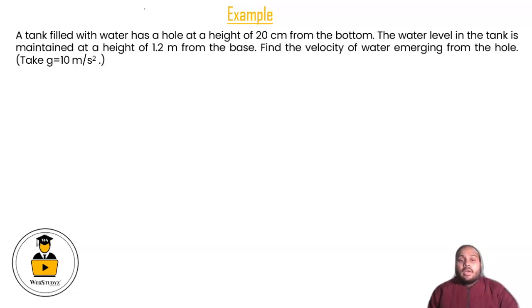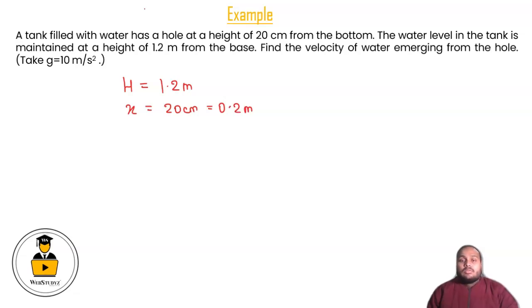So here also we have the height of the water level from the base as 1.2 meters, and the height of the hole, which we can call x, is 20 centimeter, so it will be 0.2 meter.